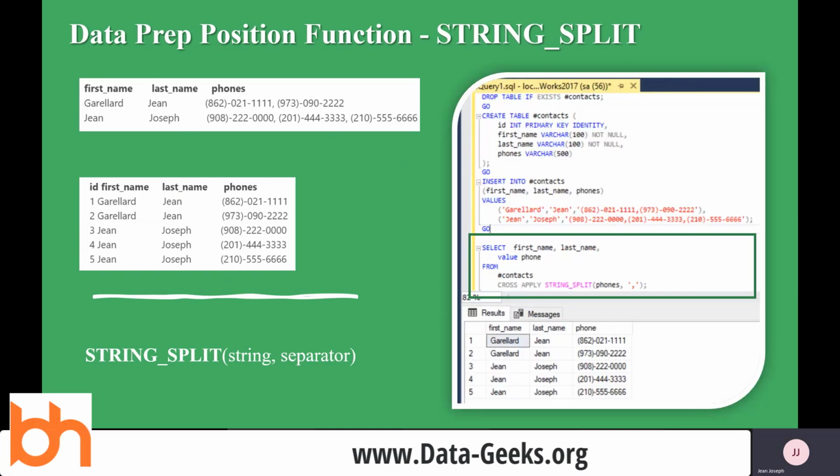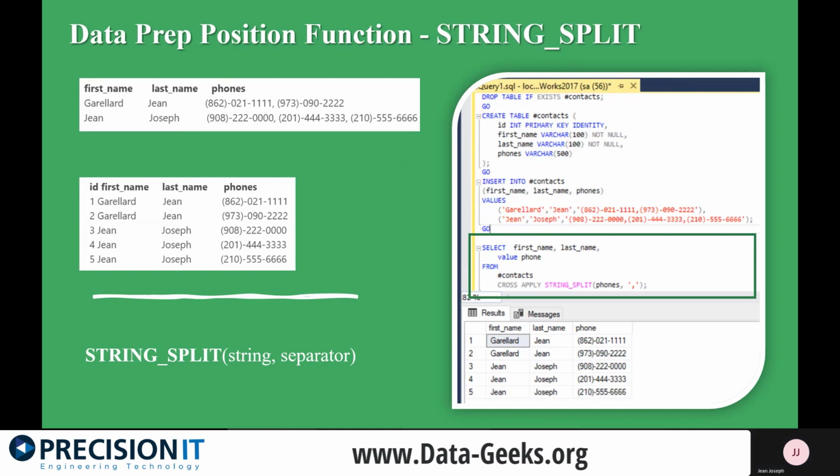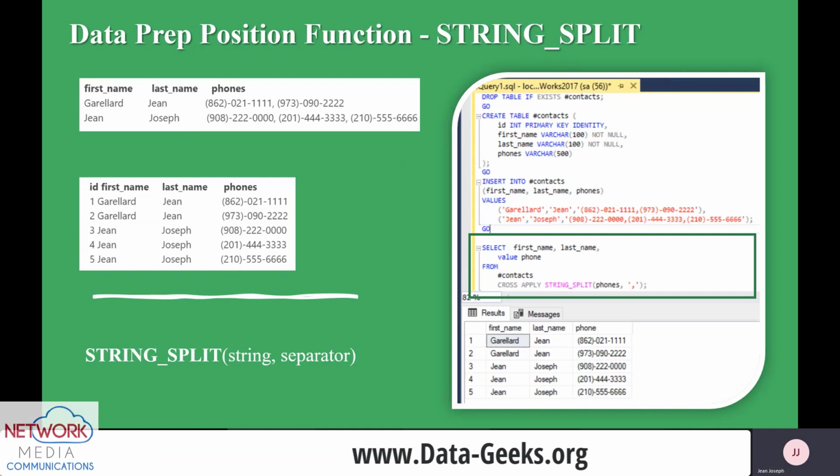When we execute this, this is the data in the same format. And then when we cross apply this with string split, we were able to split that data. This is very simple stuff. It may look like I'm demoing it simple, but it is not really. You can do cool stuff with that.